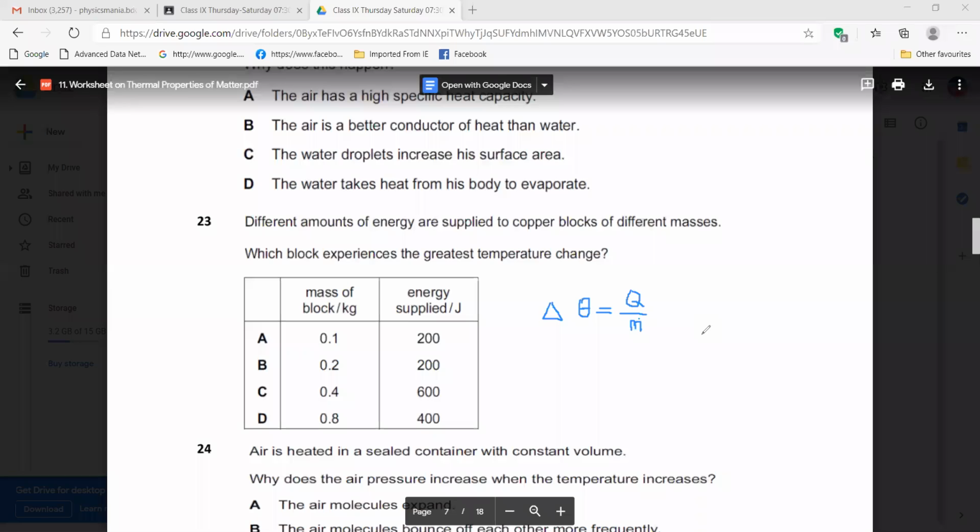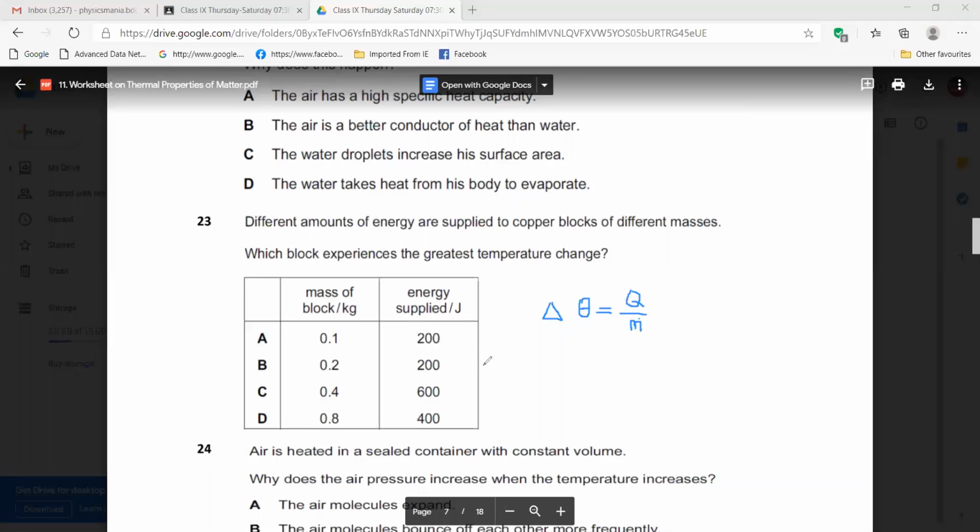For D it is 500. So you got for A 2000, and for B you got 1000.